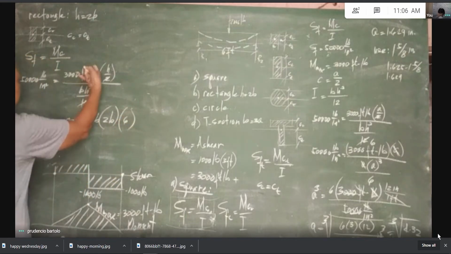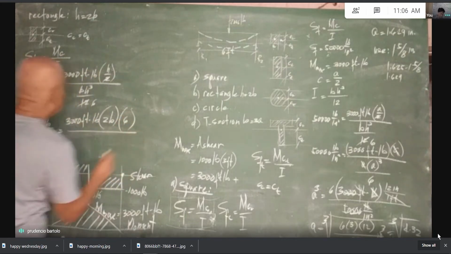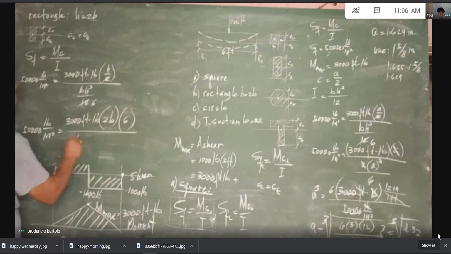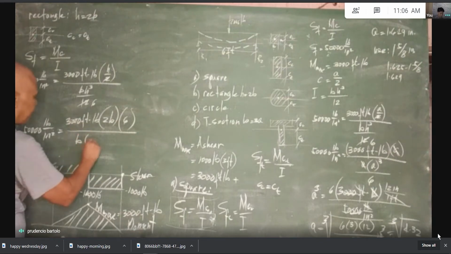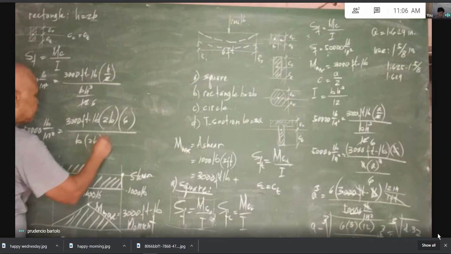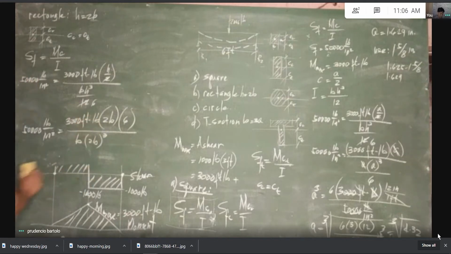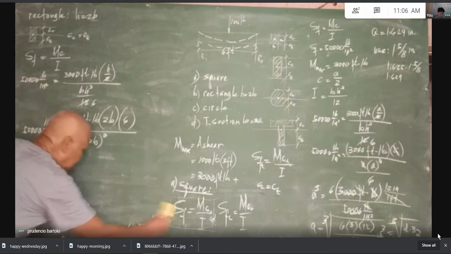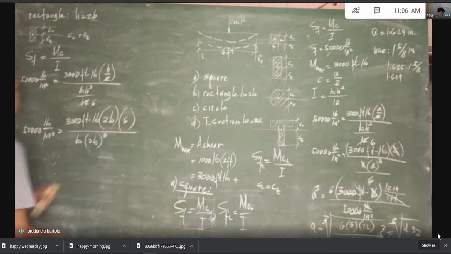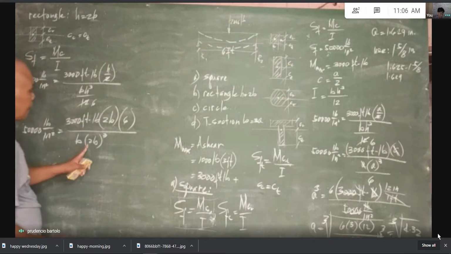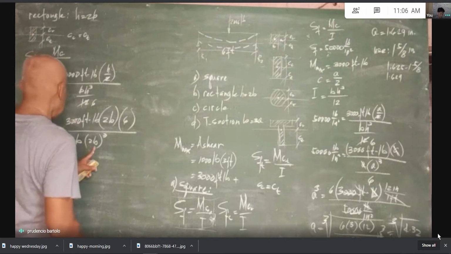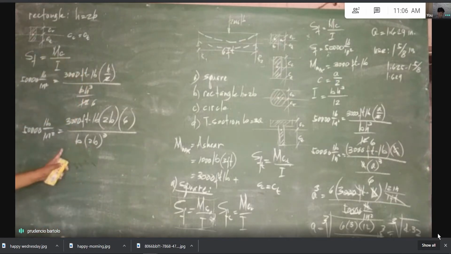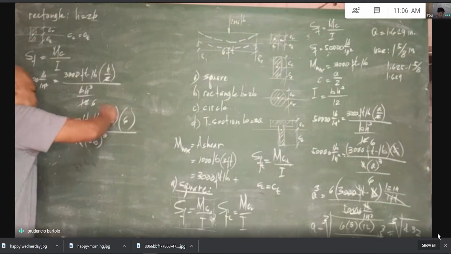This here goes up in there, over that is B multiplied by 2B, that is 2B cubed, or 2B to the fourth, or we can cancel that out.